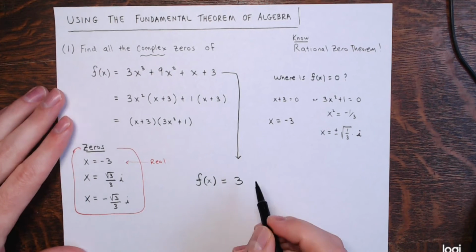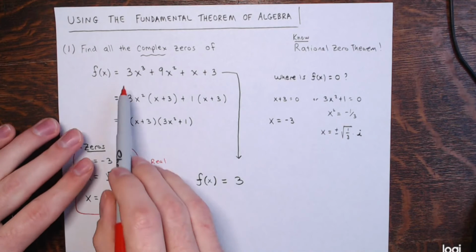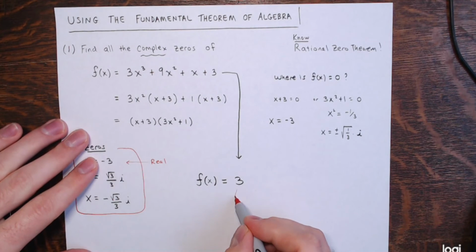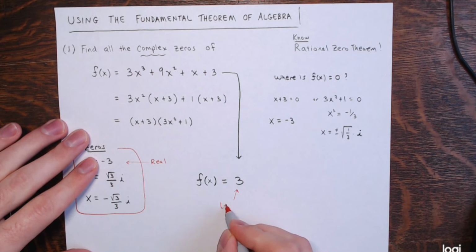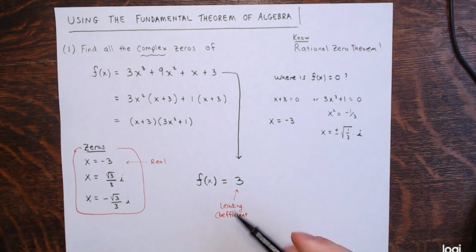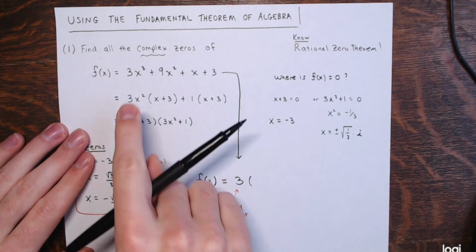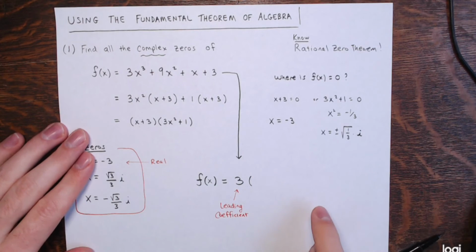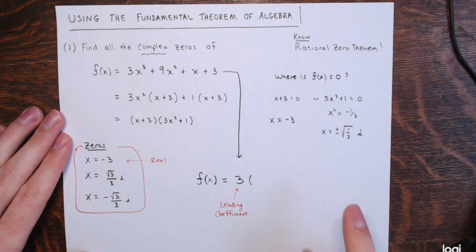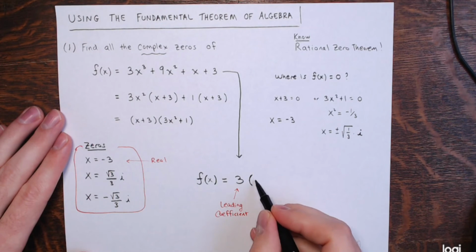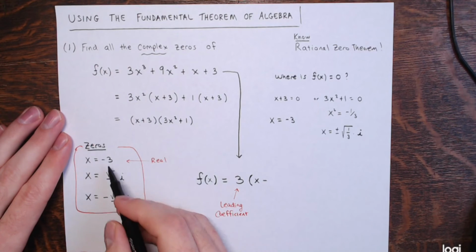That's just the leading coefficient, and that's this numerical factor. And then since it's degree 3, I should be able to multiply this by 3 linear factors, where each one of them is just x minus one of these zeros.